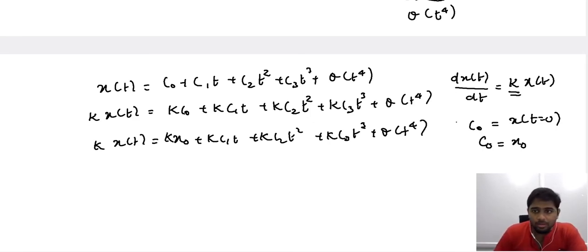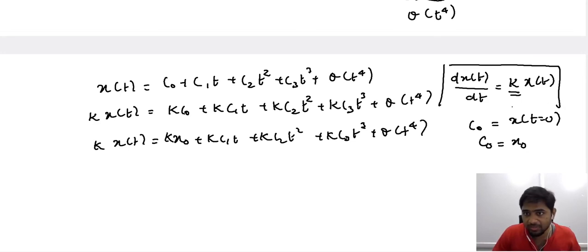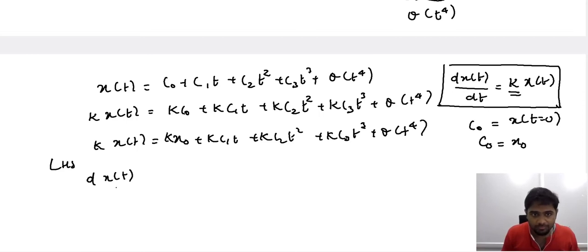Now let us try to take the derivative of this term here. We have the derivative of x of t on the left hand side of the equation. This is the relation that we have established from the physical behavior. So let us arrive at the left hand side of this equation, that is LHS, which is the derivative of x of t with respect to t, and this we will do from this infinite power series.